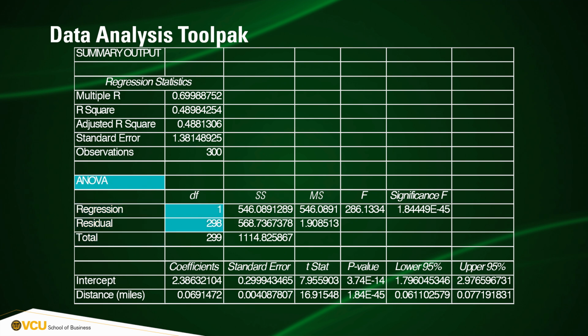The column DF shows the degrees of freedom. We have 1 degree of freedom for regression, corresponding to the single explanatory variable used in our simple linear regression model. The degrees of freedom for the residuals are 298 because, as shown earlier, it is equal to the 300 observations minus 2 for slope and intercept. The SS column carries all the sums of squares, respectively, for regression, residuals, and total.